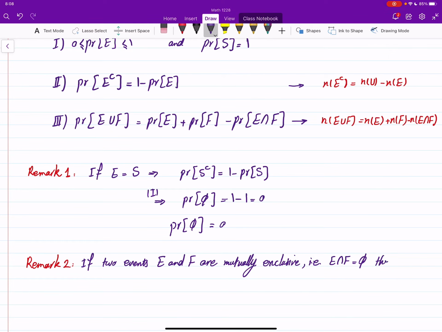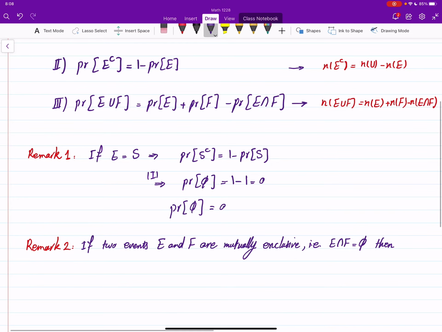Then, if I apply formula 3, probability of E union F must be equal to probability of E plus probability of F minus probability of the intersection.